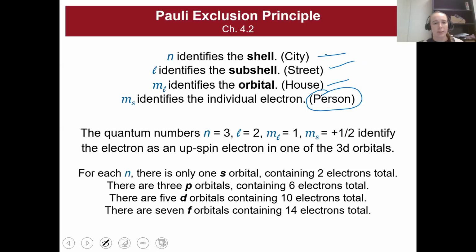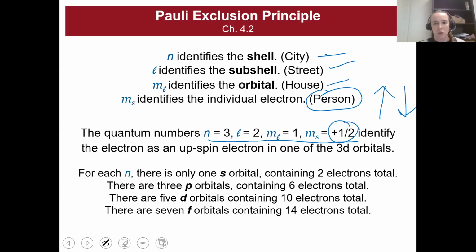All right, so let's look at an example here. For example, the quantum numbers n equals 3, l equals 2, m sub l equals 1, and m sub s equals positive 1/2 identifies an electron as an up spin electron. We got a positive 1/2. It doesn't really matter if it's positive or not. It's just an up spin or a down spin, an up arrow or a down arrow, as we will be drawing them in our electron configurations.